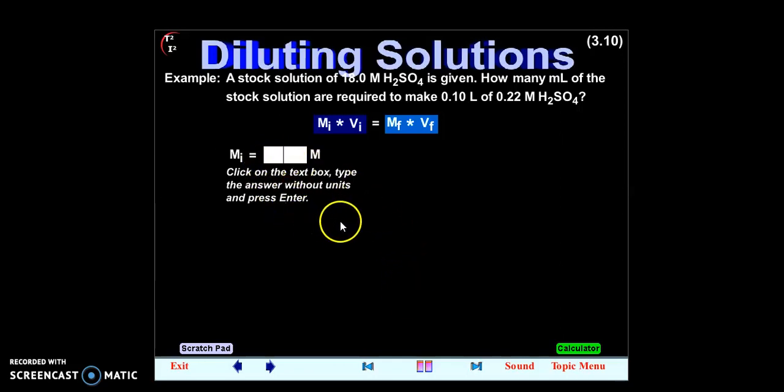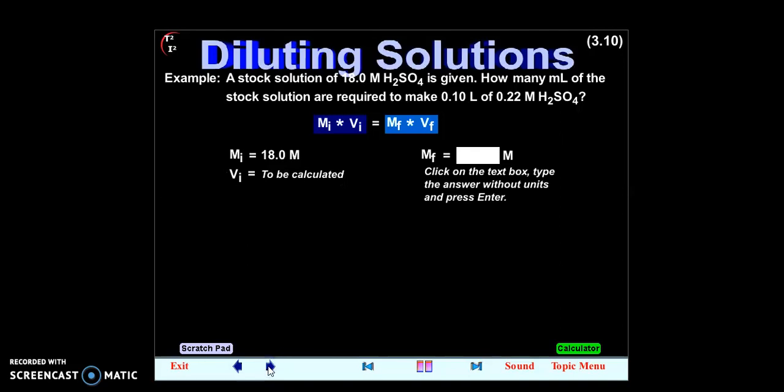All right. Your MI, what is your initial molarity? Initial molarity is about 18.0. Your final molarity, that is the molarity you want to get, it's 0.22.